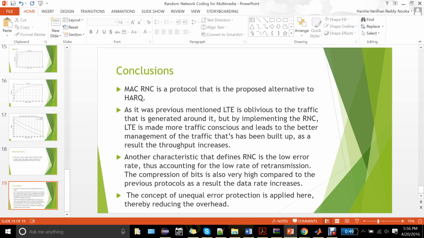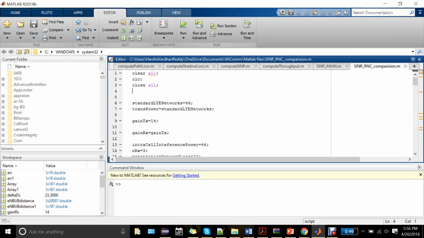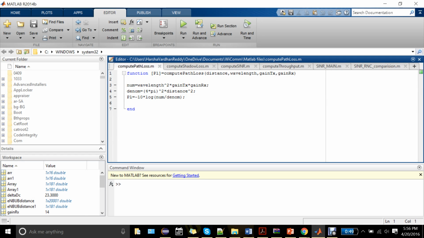Now let's see the simulation of the various mathematical models for calculating the SNR for RNC as well as the HARQ protocol. So this is the mathematical model for computing the path loss. The path loss involves distance, wavelength, and the receiver gain as well as the transmitter gain. And this is the mathematical model for shadow loss.